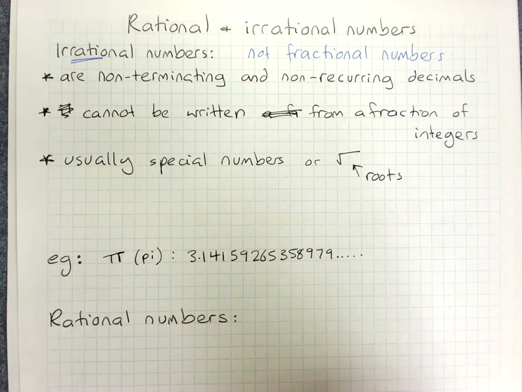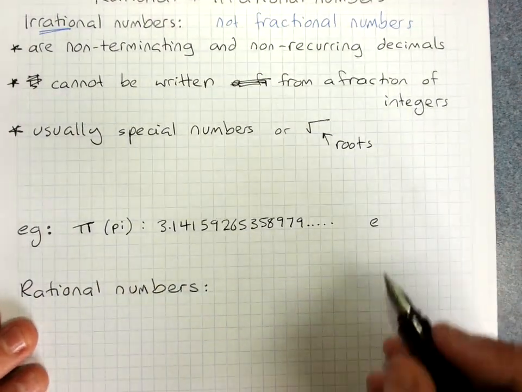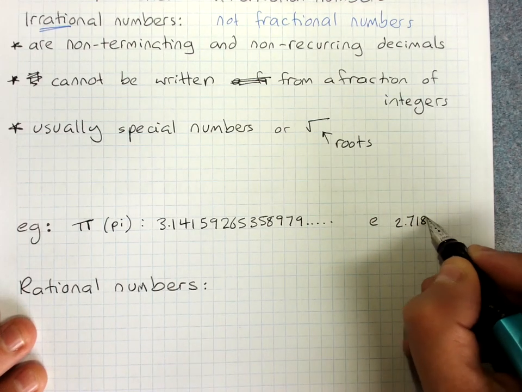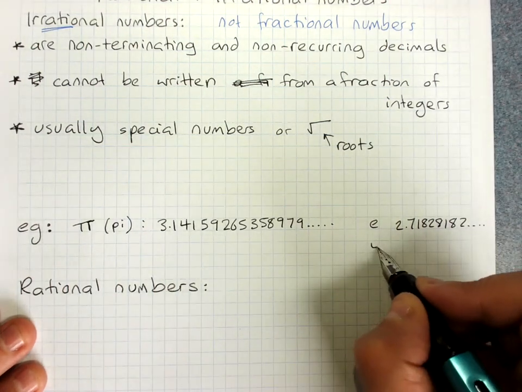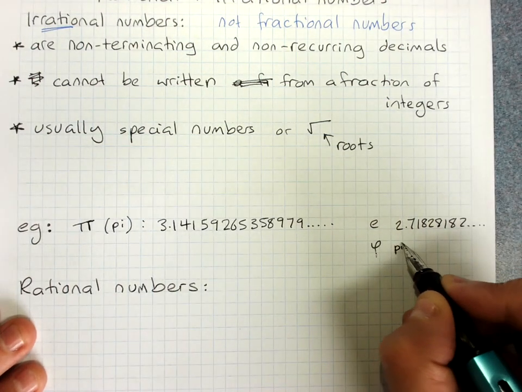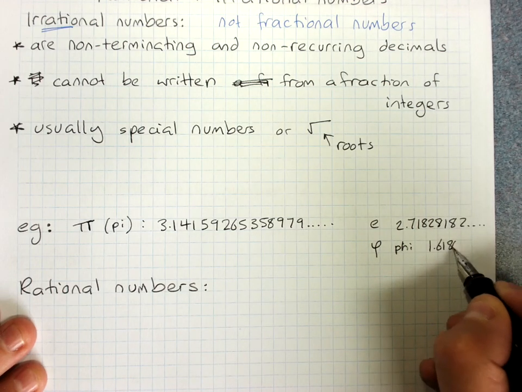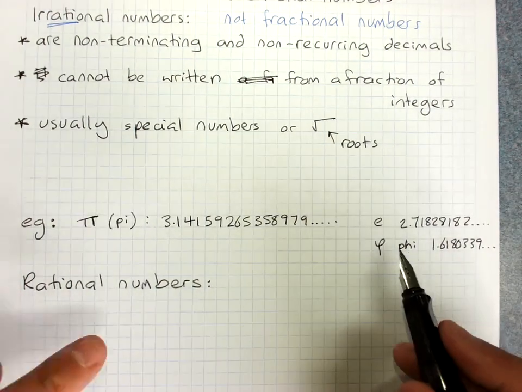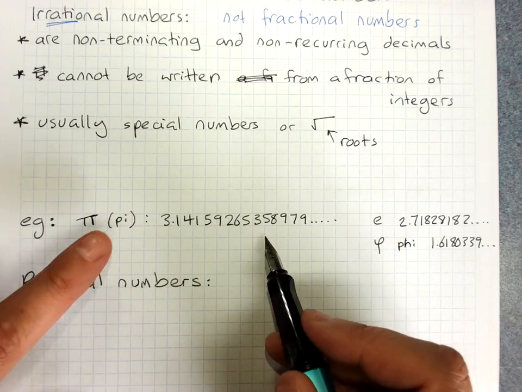There are other special numbers such as e, Euler's number, which starts 2.71828182 and just keeps going. There's one called phi, 1.6180339. So there's lots of special numbers. Pi is the only one I need you to recognize.